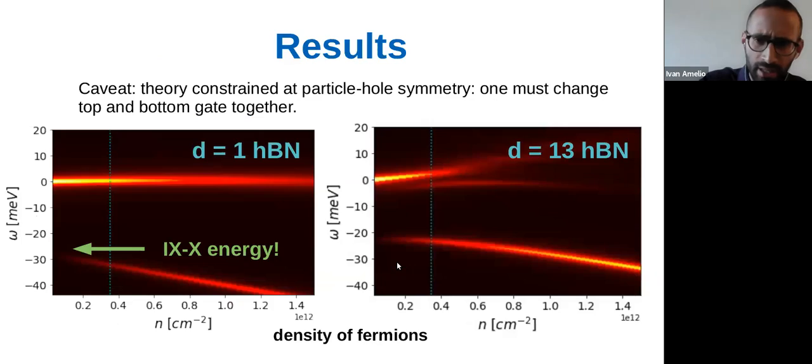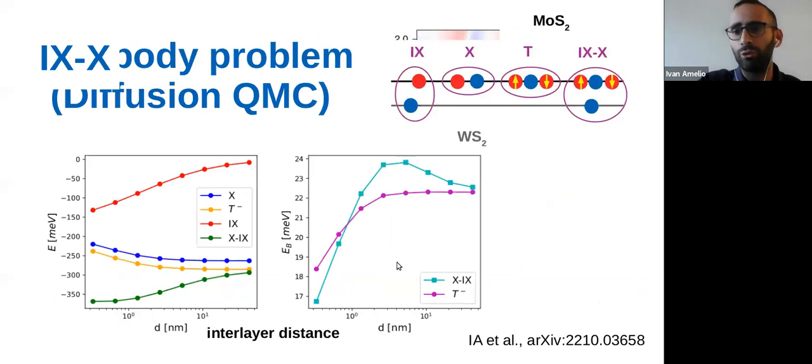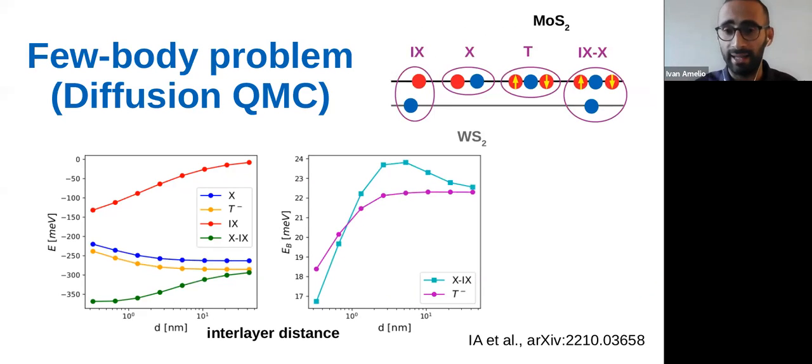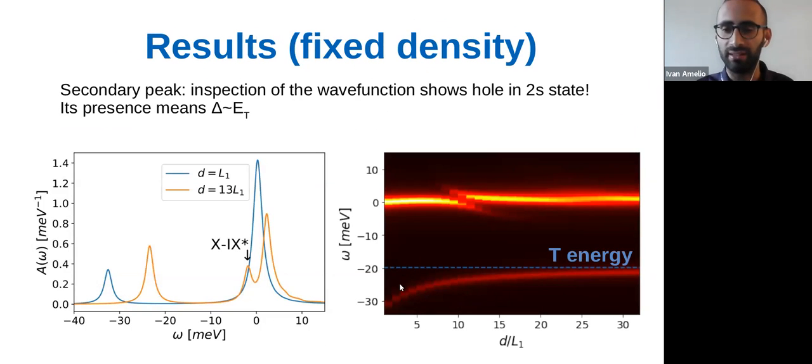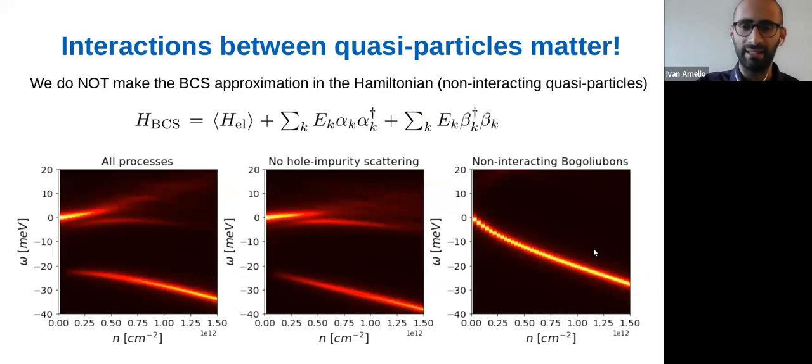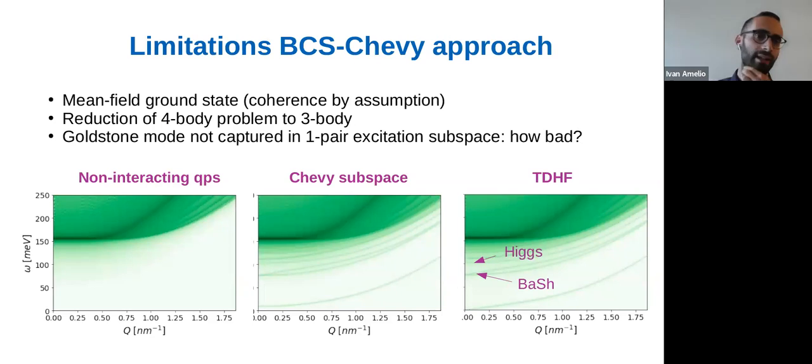And this is why at the beginning it was so important to compute exactly the 4-body bound states, because we know that at least in the low density regime, these four-body binding energies are the exact binding energies. So this will give the correct binding energies. So one should take this graph and replace this attractive polaron with this four-body binding energy, and one can hope that this is more or less correct.